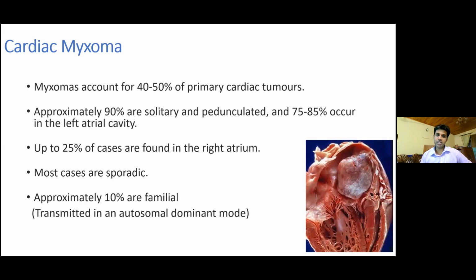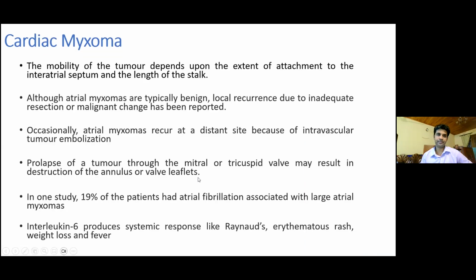Cardiac myxomas account for about 40 to 50% of the primary cardiac tumors, and approximately 90% are solitary and pedunculated. Most of them are in the LA, but a few are in the right atrium as well. As you all know, most of the time they are sporadic, but in about 10% there is a familial inheritance, where it follows an autosomal dominant trait.